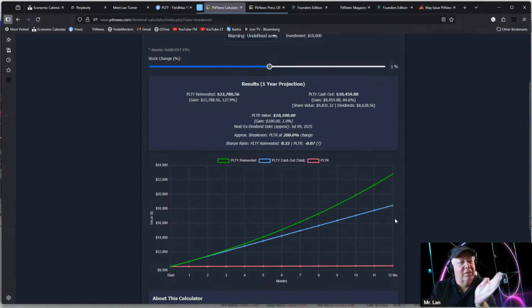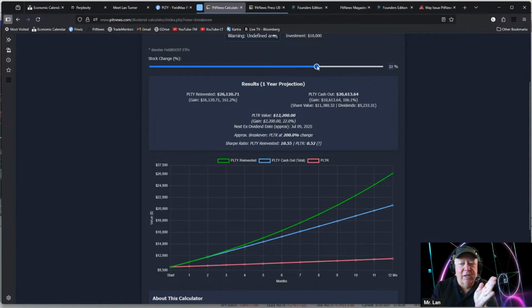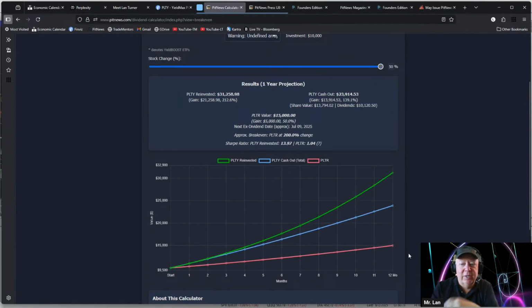Why? Because of the dividends. And let's say that PLTR makes 50%. Well, PLTY is going to make that 50% plus the dividends. So the reinvested is the green line, the purple line, the blue line is here.